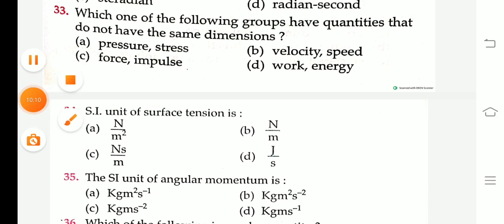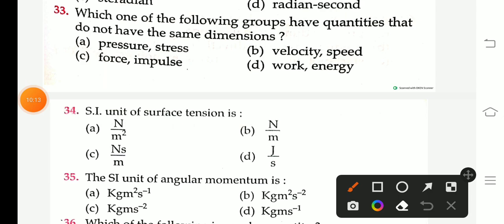Which one of the following groups have quantities that do not have the same dimensions? Force, impulse. SI unit of surface tension is Newton per meter. SI unit of angular momentum is kg meter square per second.